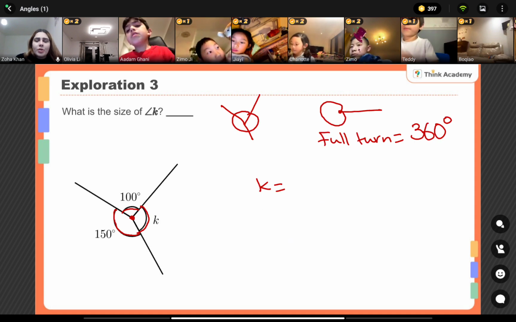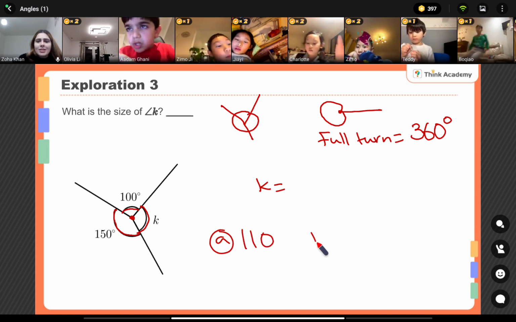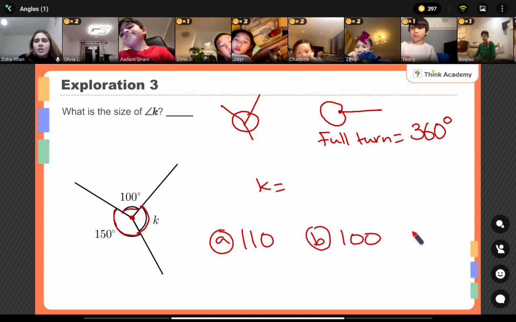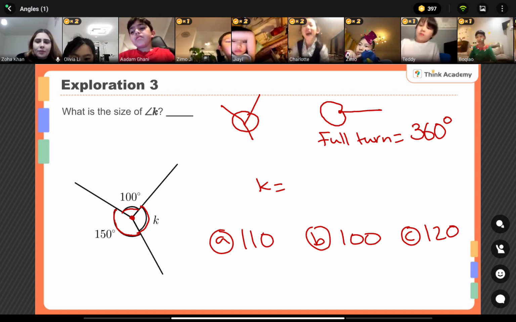Okay, and now you're going to get a vote. So is it going to be A, 110, B, 100 degrees, or C, 120 degrees? Is it A, B, or C? All right, have a go, please, everyone.